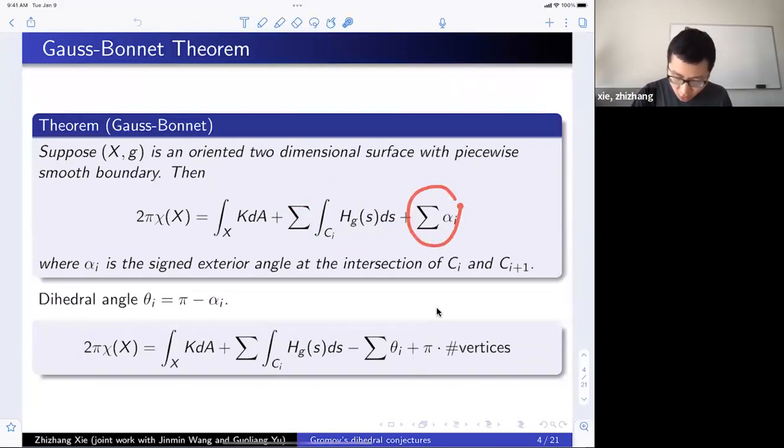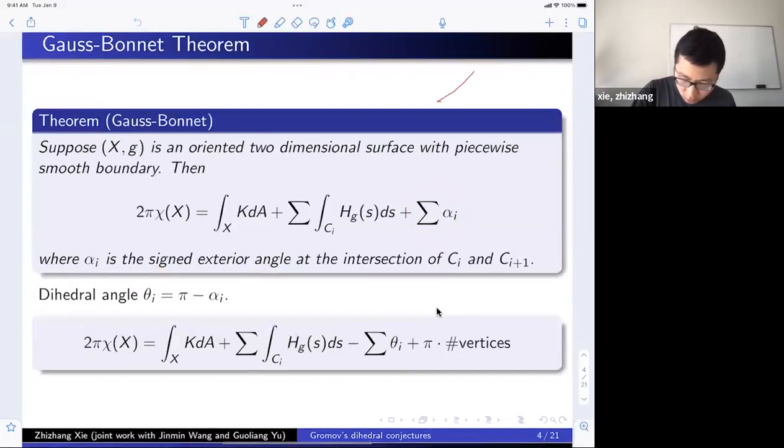And these are exactly the so-called signed exterior angles. Let me draw a picture here. Maybe, sorry, this is maybe not a very good picture. So let me redo this.